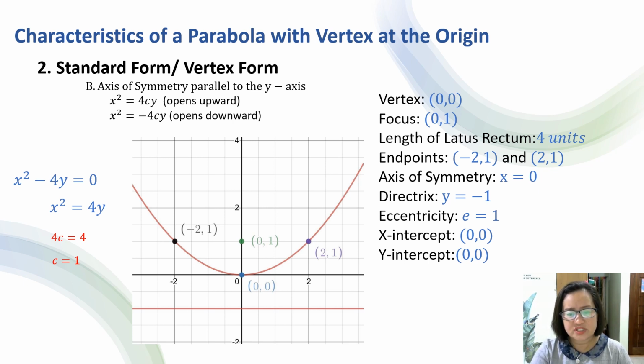And the endpoints of the latus rectum are collinear to the focus of the parabola. We can say that the axis of symmetry of the given parabola is the y-axis, which is described by the equation x equals 0.